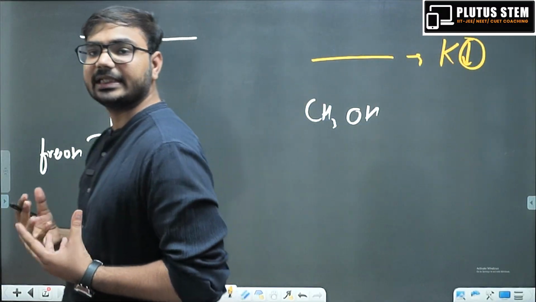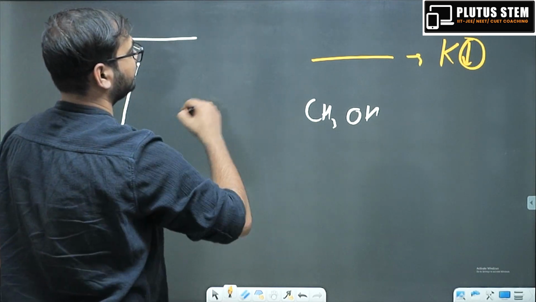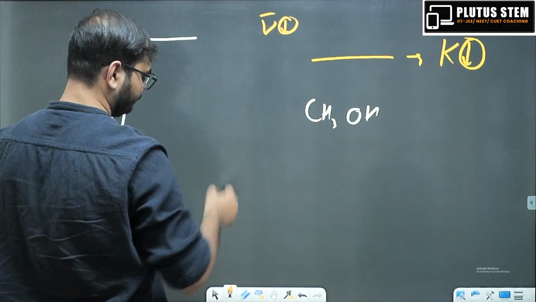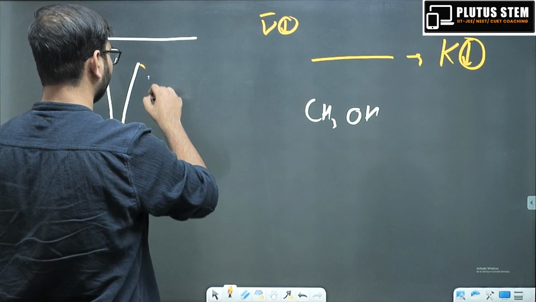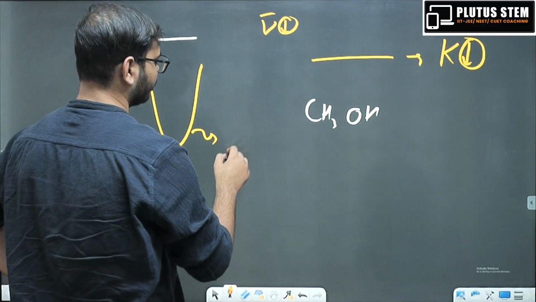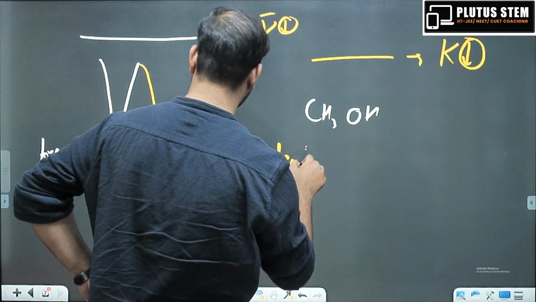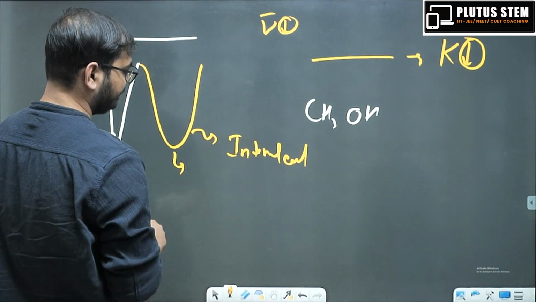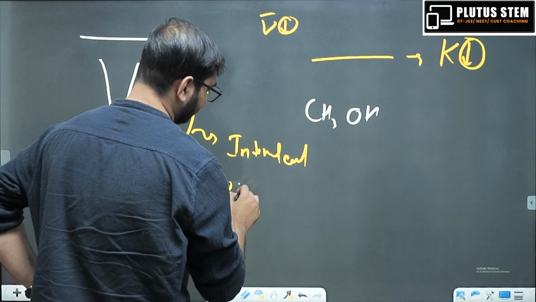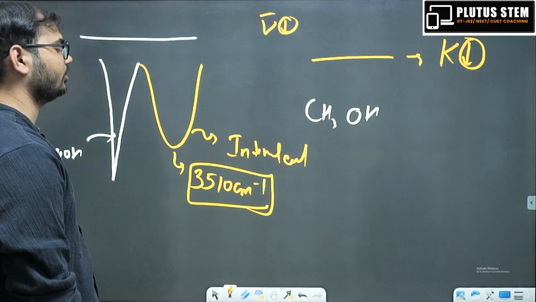When the bond constant decreases, there will be a decrease in the wave number as well, which will appear like this. This corresponds to intermolecular hydrogen bonding, and this peak appears at about 3510 centimeter inverse for the case of methyl alcohol.